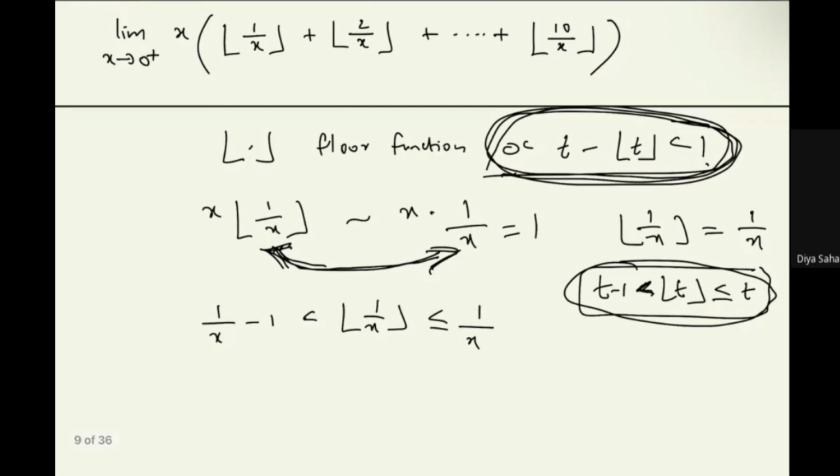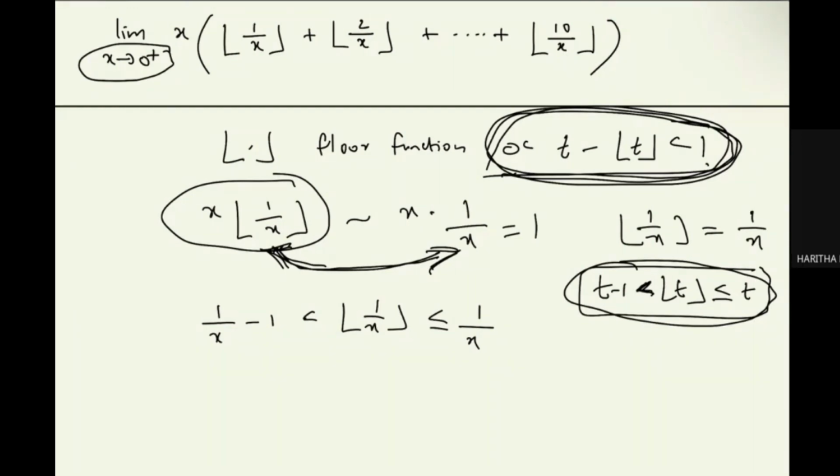Now I want information about x times the floor function of 1 by x. So I multiply by x. We are considering the limit as x tends to 0 plus, the right side of 0, so only positive values of x.